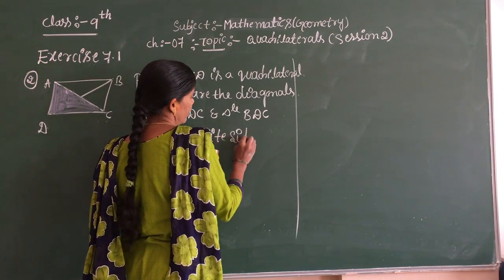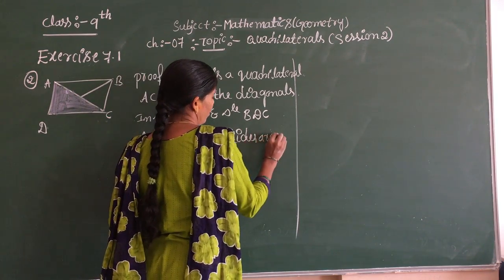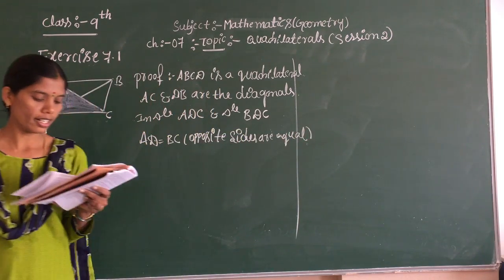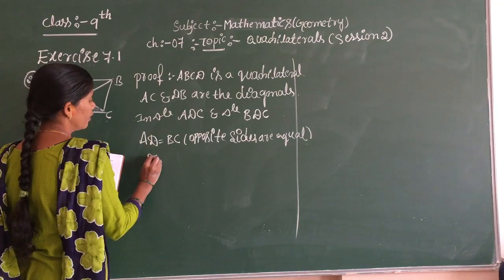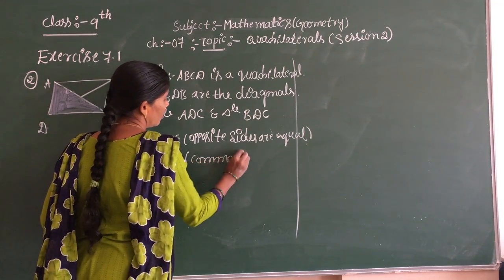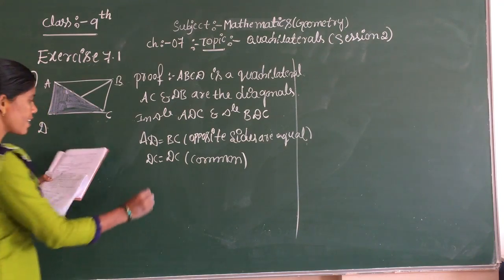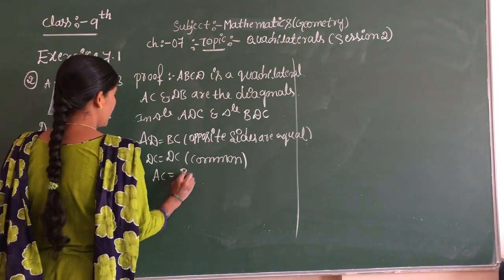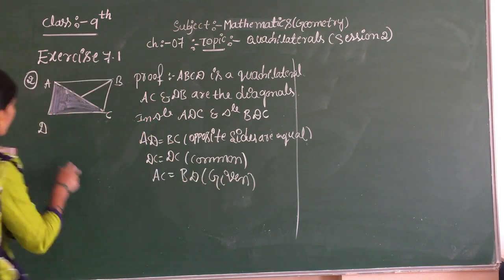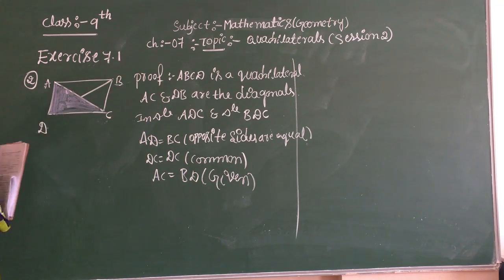Okay children, DC is equal to DC, this is the common side. Now next, AC is equal to BD, already given in the question.